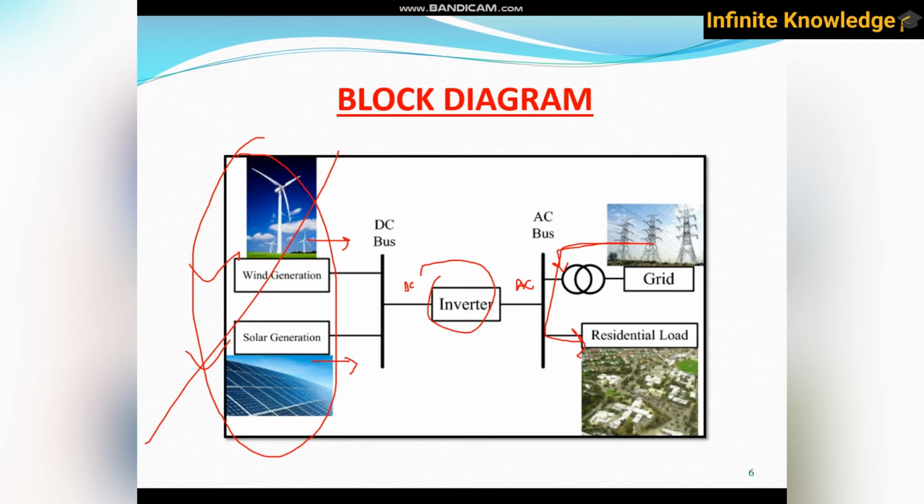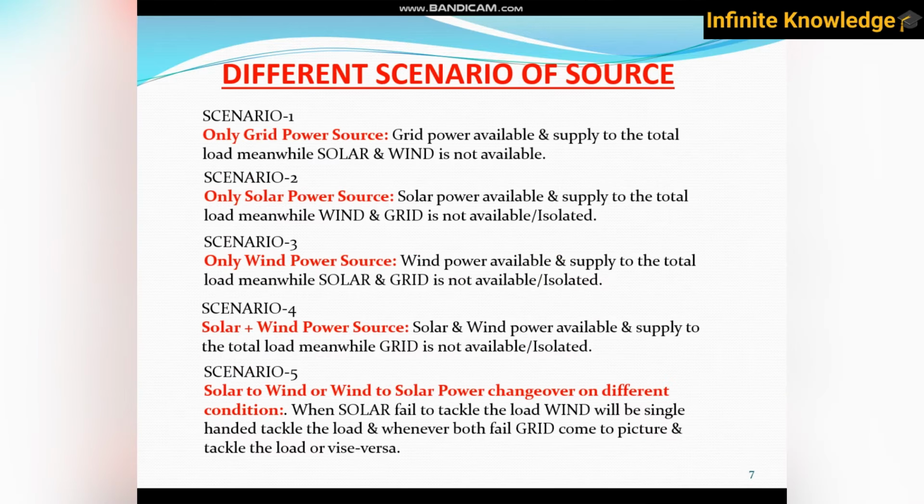This residential load is 1.5 kilowatt. This is basically what I have developed in my MATLAB simulation, and I have considered different scenarios. Before explaining the scenarios, I want to show you the simulation first.